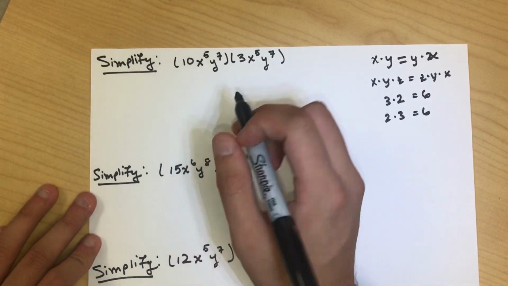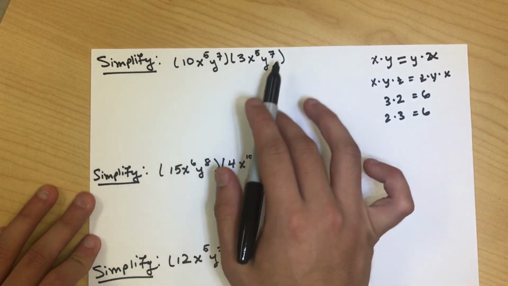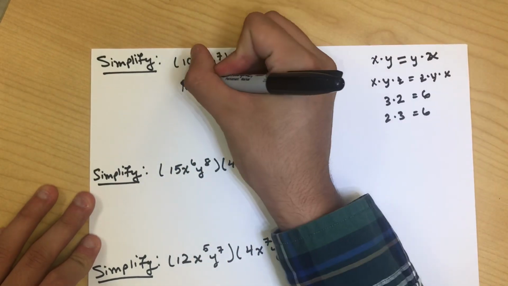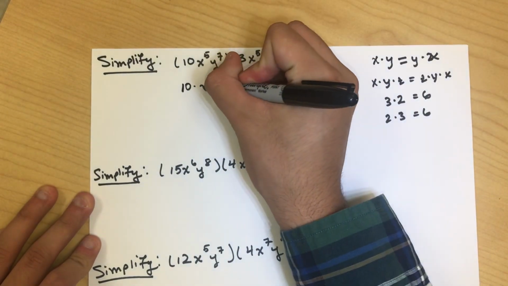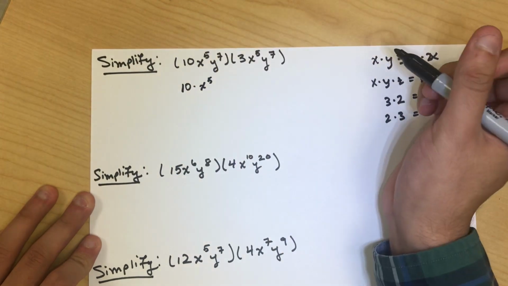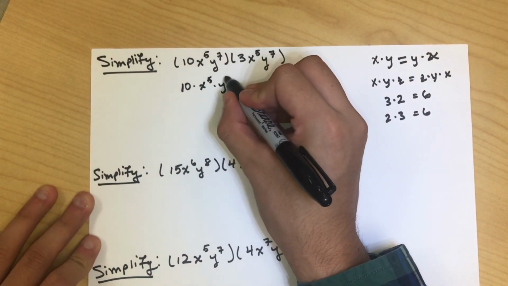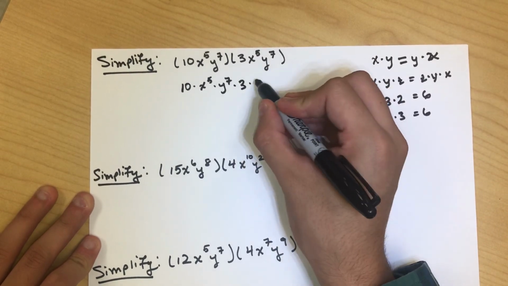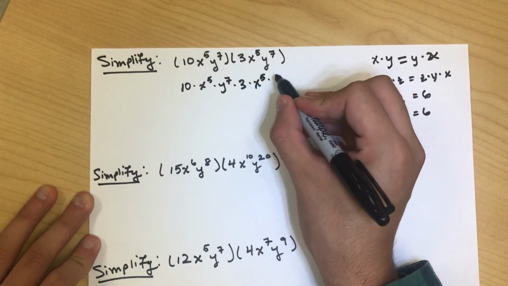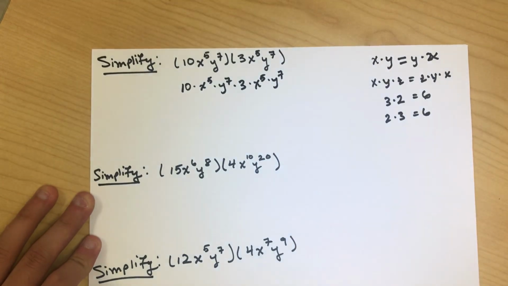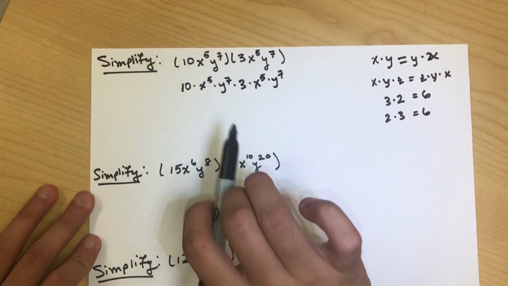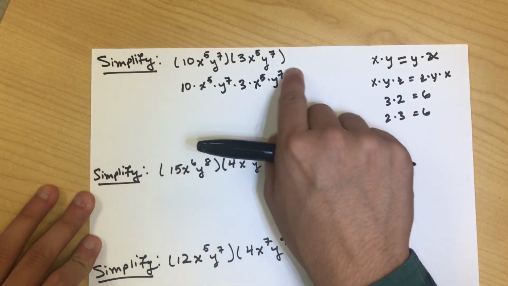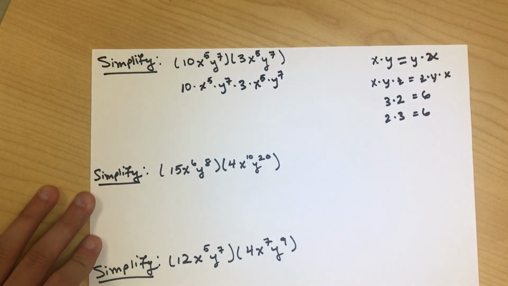So what this statement really says is 10 times x to the 5th times y to the 7th times 3 times x to the 5th times y to the 7th. What I want to do is move them around so that each one is next to its corresponding counterpart.